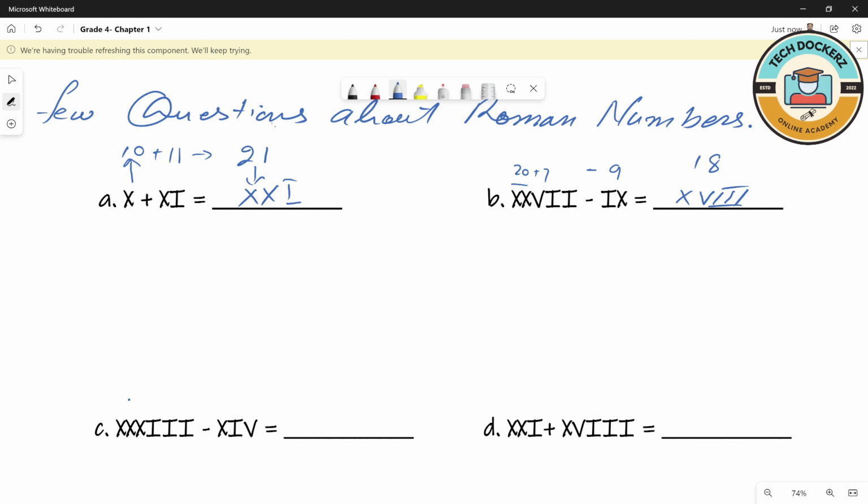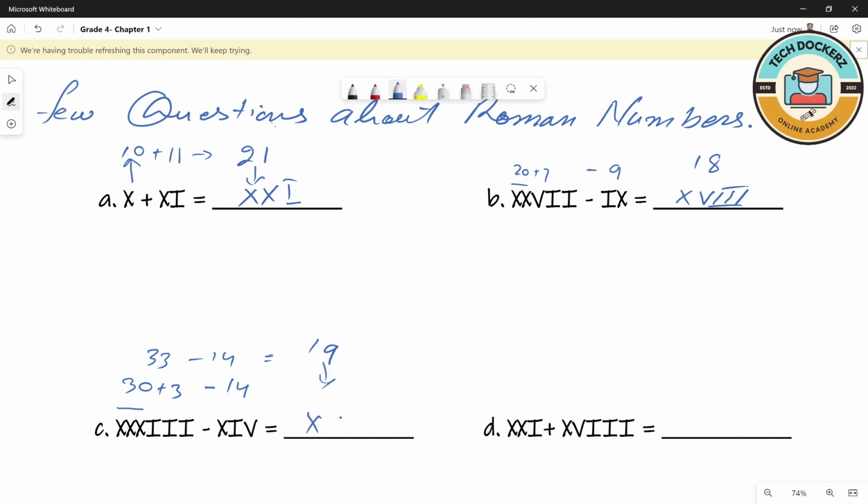Question C. XXX represents 30, plus 3, minus XIV, which represents 14. So 33 minus 14 is equal to 19. And how can we write 19?